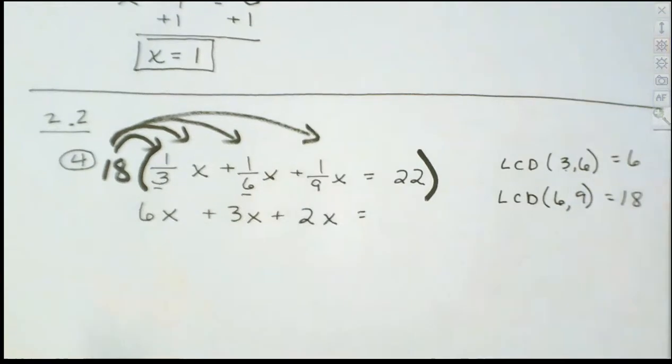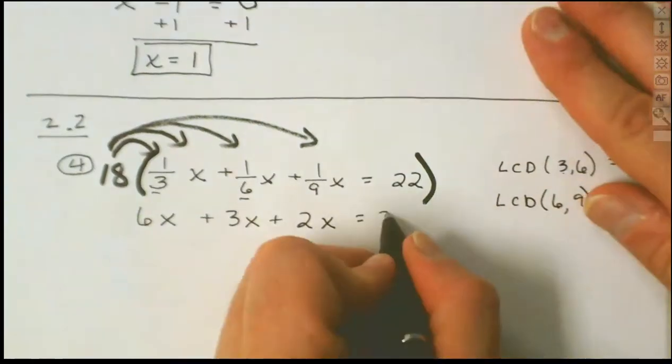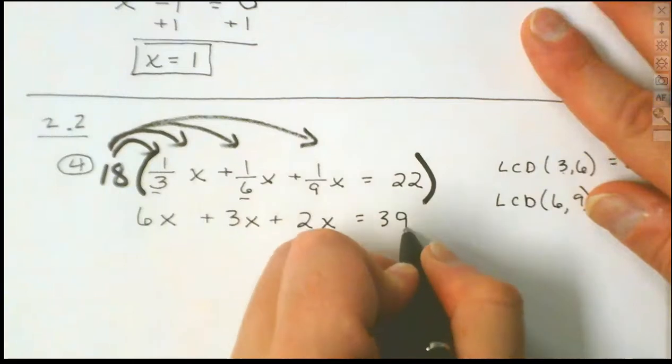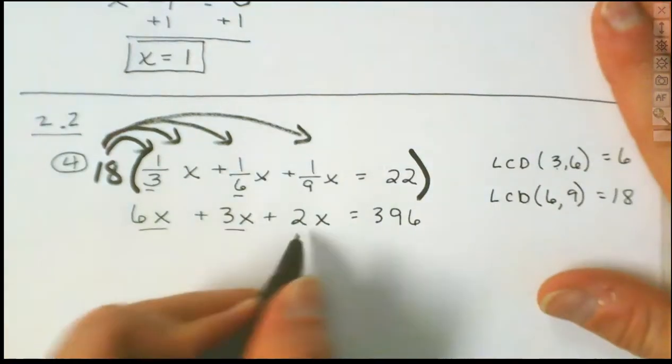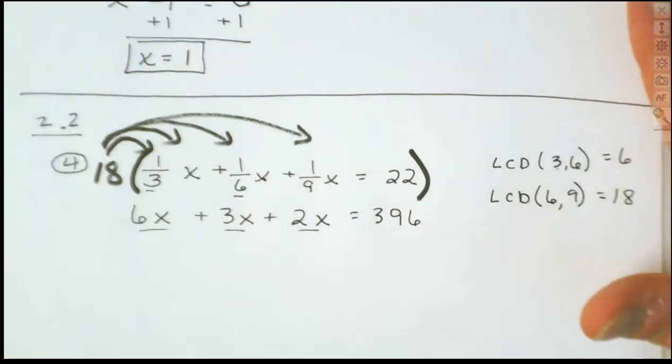And don't forget about the right-hand side. 18 times 22. We'll need a calculator here. 18 times your 22 is 396. Now we can finish it because these can go together. So we'll go ahead and add these up.